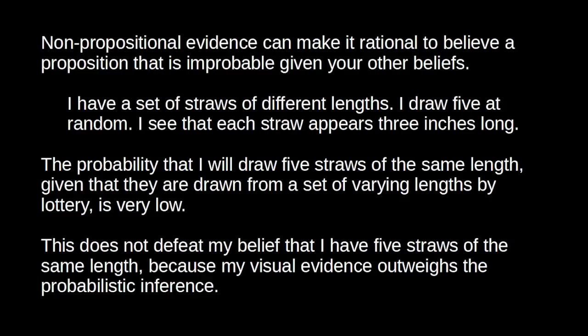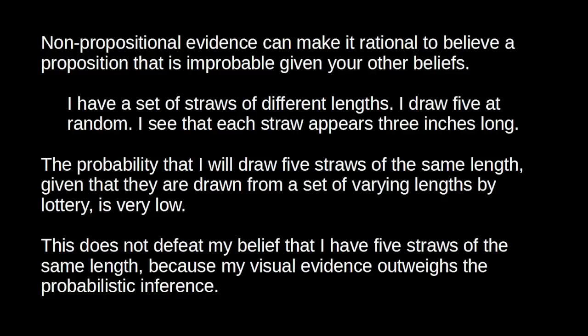The probability that I will end up with 5 3-inch long straws, given that the straws are drawn from a set of varying lengths by random lottery, that probability is obviously very low. But that does nothing to defeat my belief that I did indeed choose 5 3-inch long straws. So, the proposition I selected 5 3-inch long straws, that's improbable. But I should still believe it because I can just see that the straws are all 3 inches long.